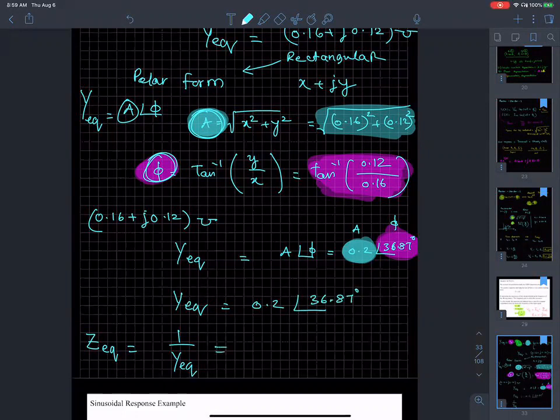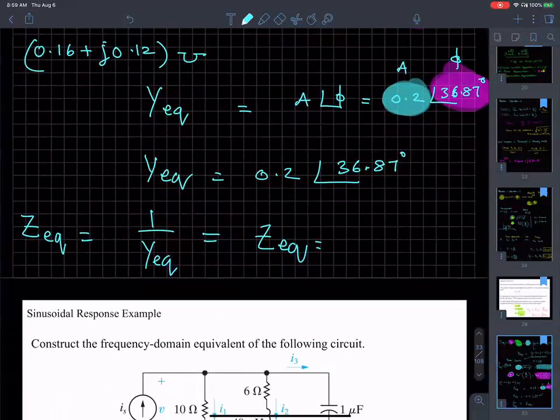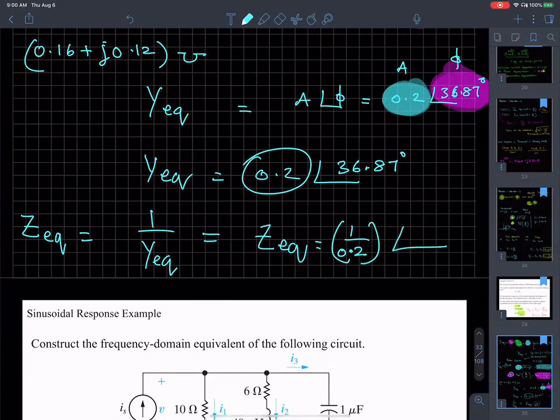Now I'm going to find Z equivalent, which is the inverse of Y equivalent, 1 over Y equivalent. There is an angle component and a magnitude component. 1 over 0.2 would be the magnitude of the inverse, and the angle is going to be negative 36.87 degrees.